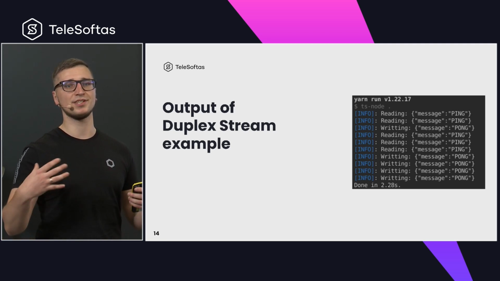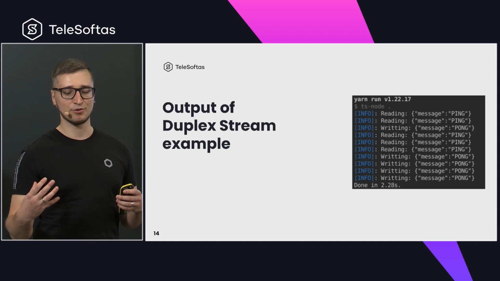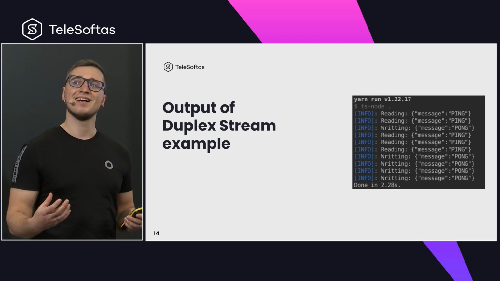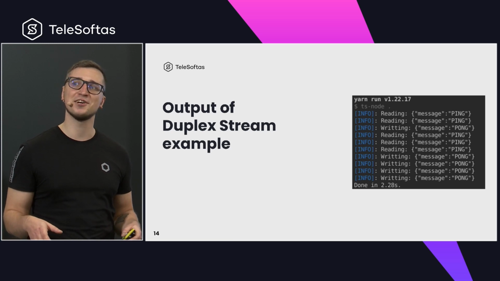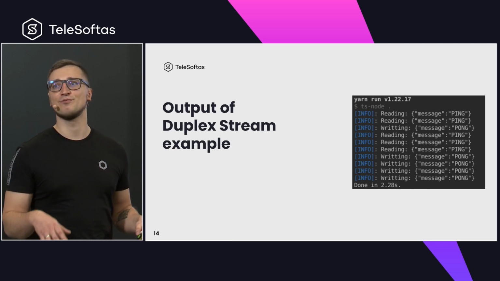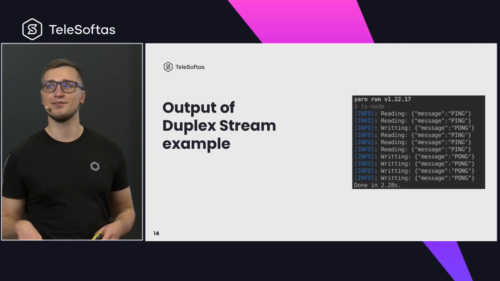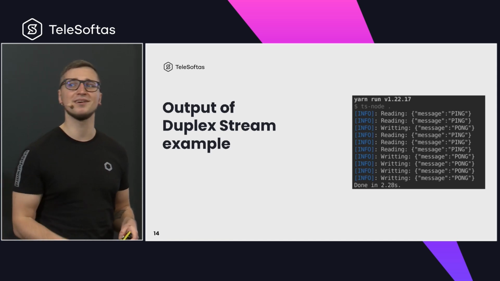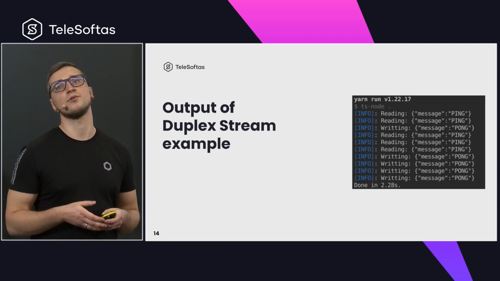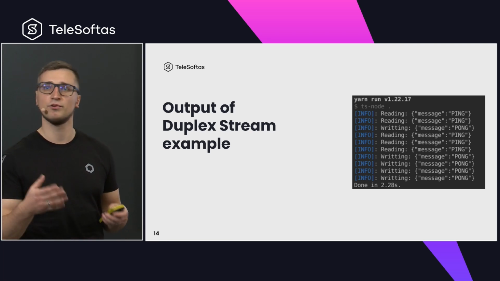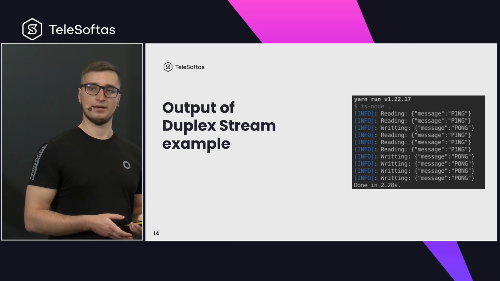So once it receives a readable stream of ping, the writable part of the Duplex stream catches the chunk, and it writes another chunk of message which transforms the word ping to pong. That's a really simple example. I just want you to get familiar with Duplex streams.